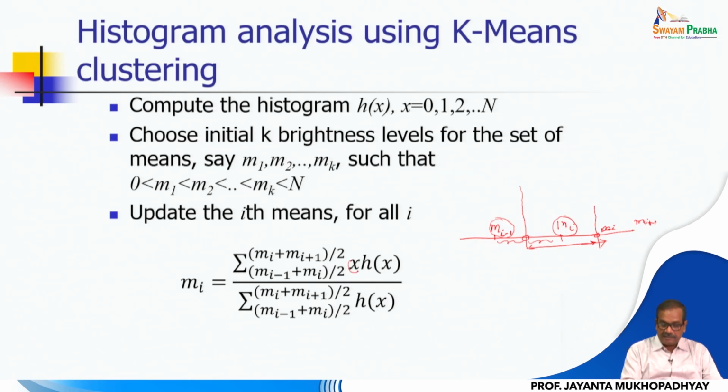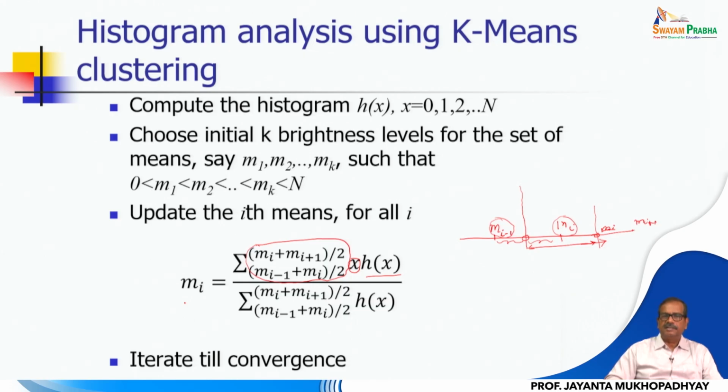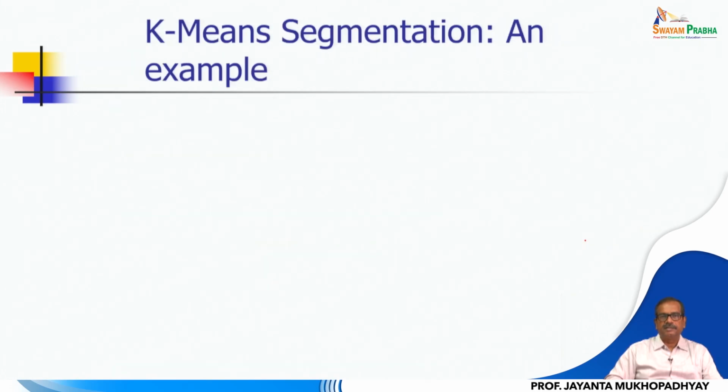Only those brightness levels within this range are considered, and they are weighted by their respective frequency counts, which is given by the histogram. So this is the weighted average, and this is the updated center. We go on doing this for every center, and when it converges, we stop. That gives us the centers, and from the centers, the intervals can be defined. Once the centers are there, you can easily compute the threshold intervals.